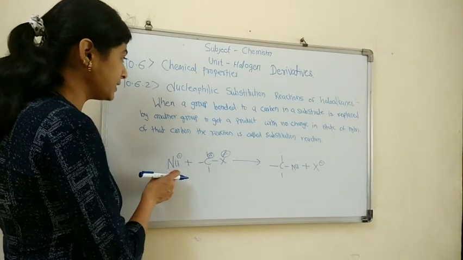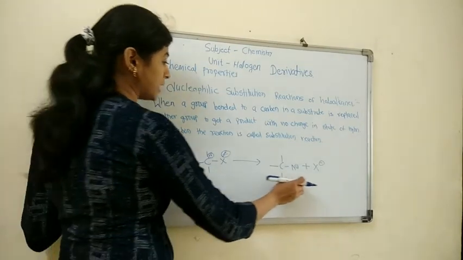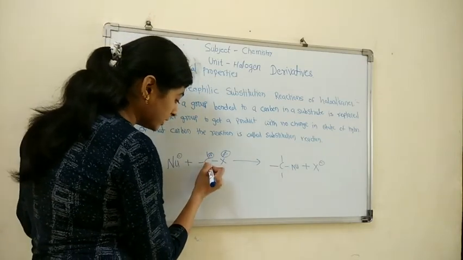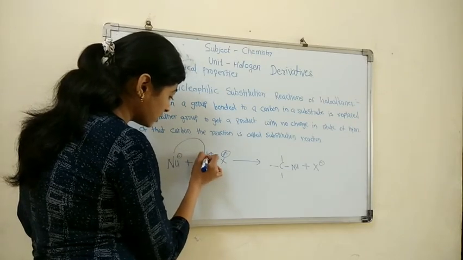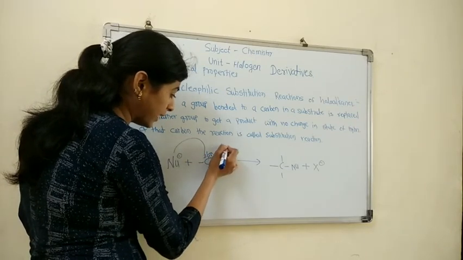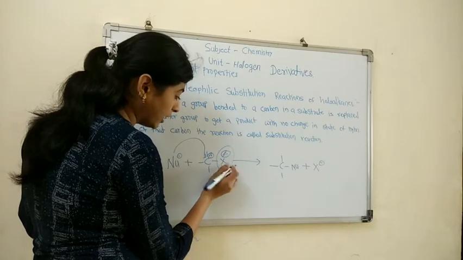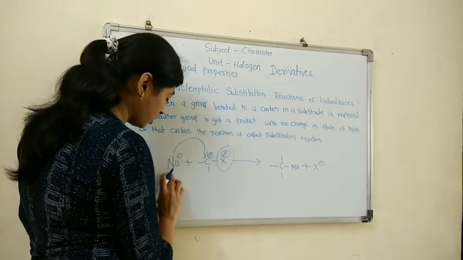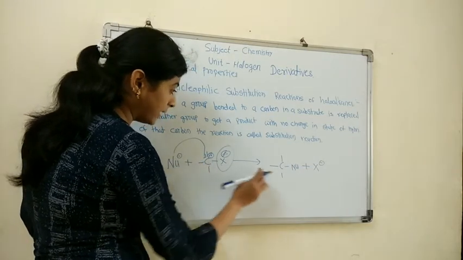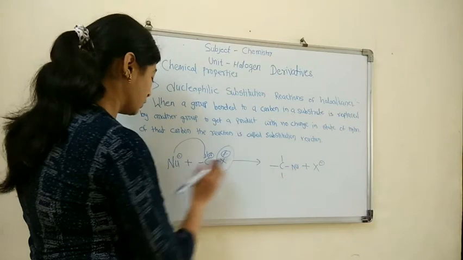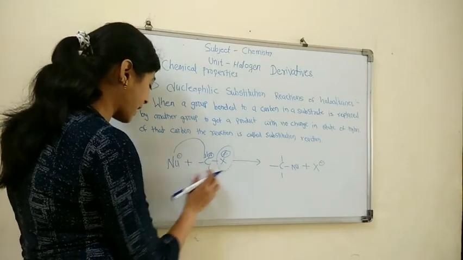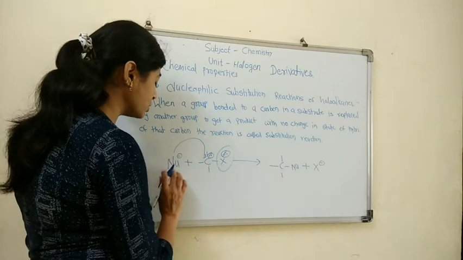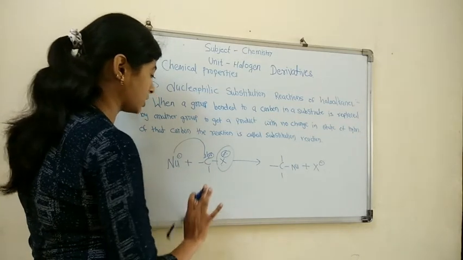The general representation is this. Here, the nucleophile when attached on the carbon atom gives X negative, that is, the nucleophile will get separated. So the nucleophile attacks this carbon atom to form a new compound. One nucleophile is replaced by another nucleophile. Then these types of reactions are called nucleophilic substitution reactions.